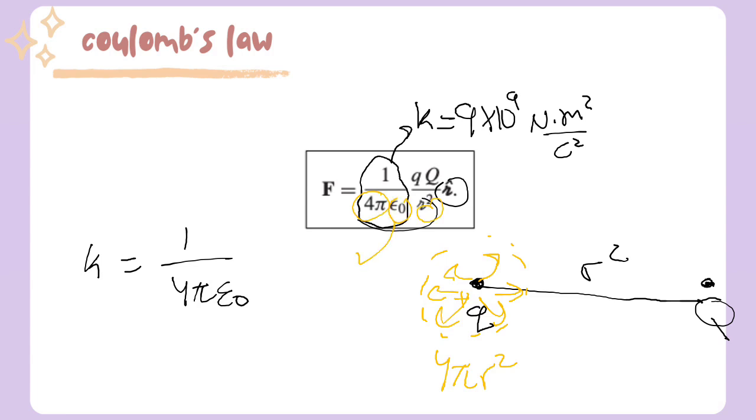For epsilon naught, or the permittivity of vacuum or empty space. Permittivity in simple terms is just, let's say we have two plates. Let's say this plate emits an electric field on this side, so this is the electric field of the plate.